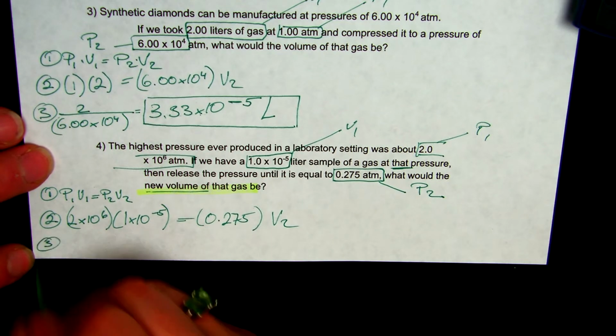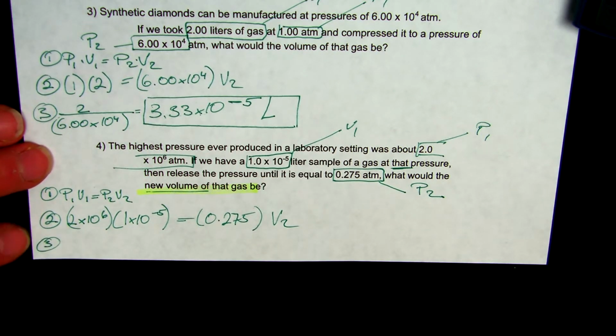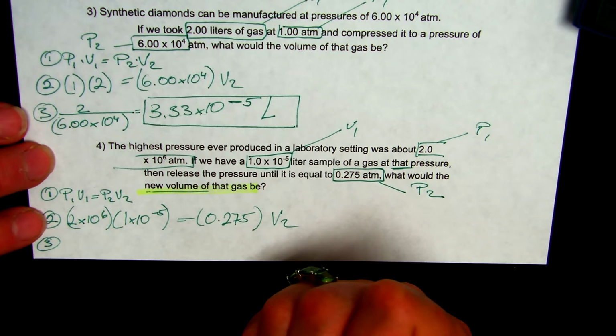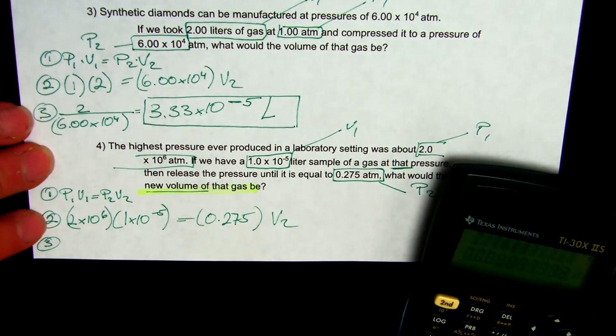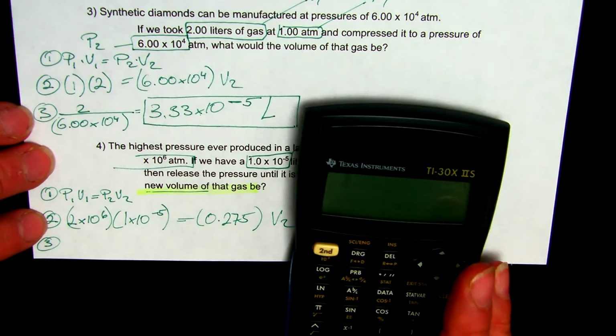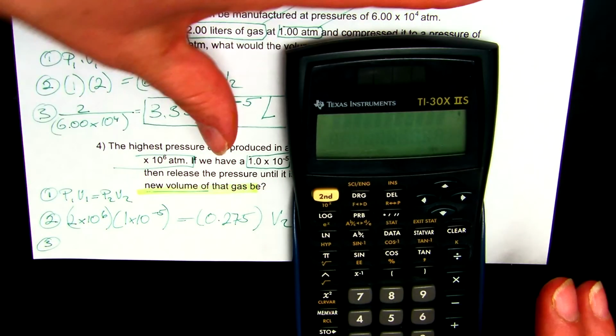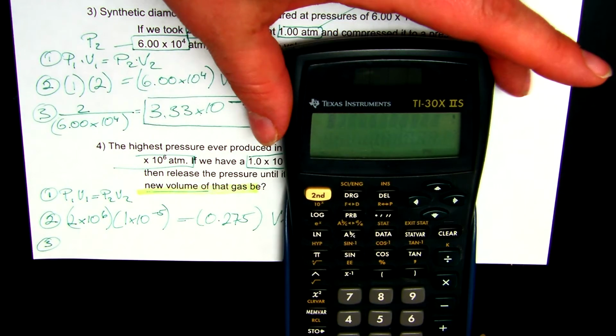And then number 3, what do I need to divide both sides by? I have 2.